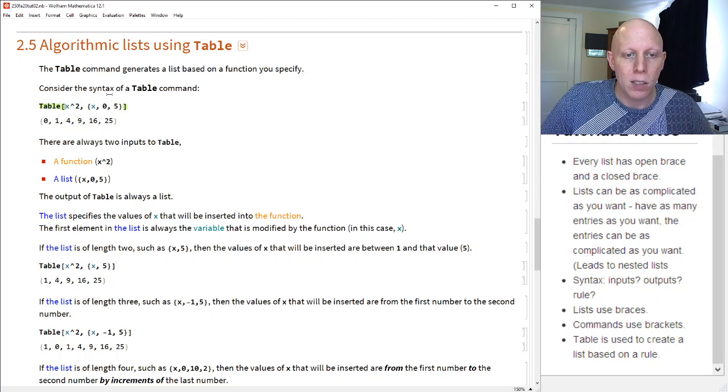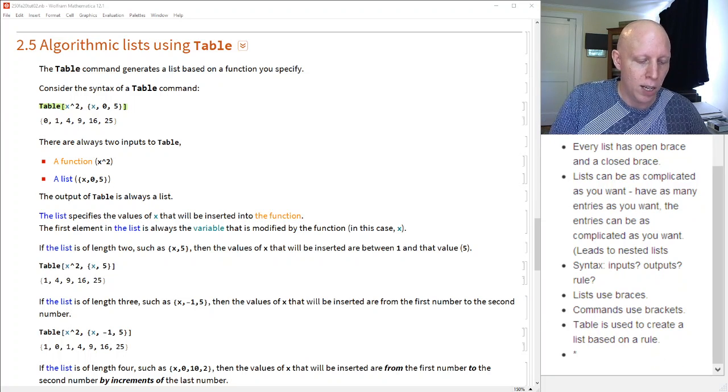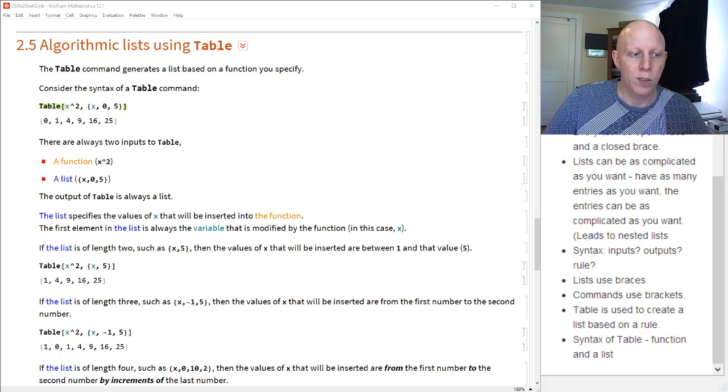The Table command, again, we need to keep track of the syntax. Here's a key thing: the syntax of Table has both a function and a list.